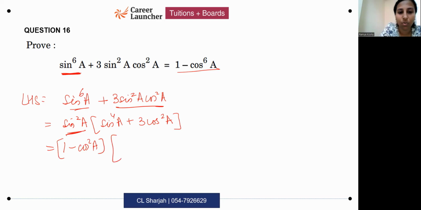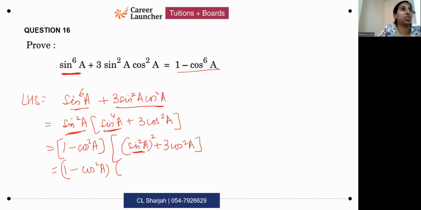What is this sine A to the power 4? It is sine square A the whole square. Now I'm getting 1 minus cos square A, the whole square, plus 3 cos square A, because in RHS only cos is there.